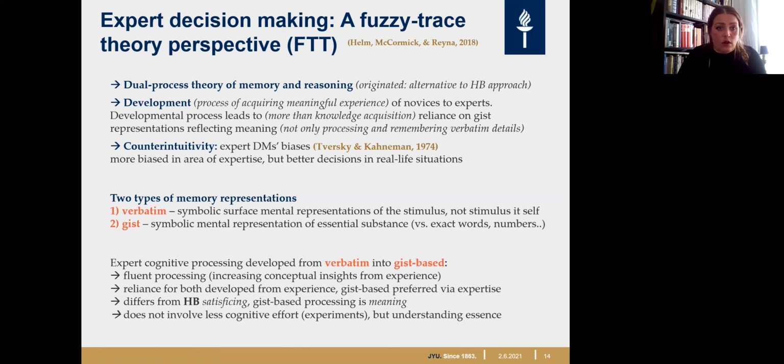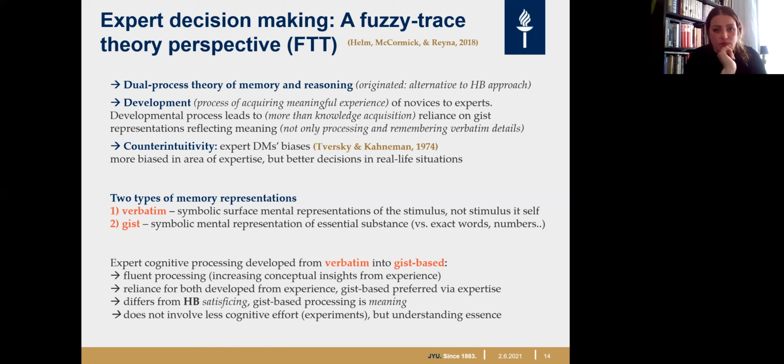It's also sort of counterintuitive, since Tversky and Kahneman, there are also many biases that decision makers have, and usually expert decision makers are more biased in their area of expertise, but they make faster and better decisions in real life situations.